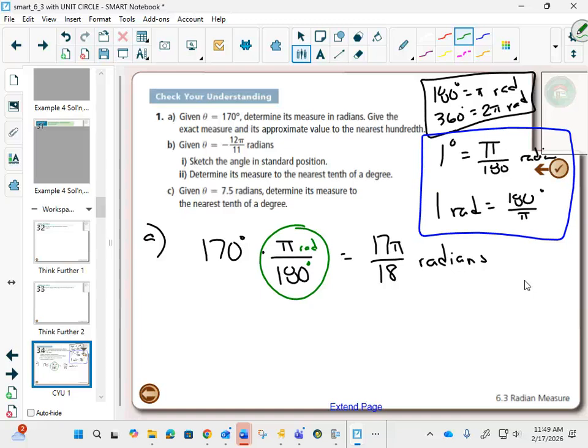If I have degrees and I want to change to radians, wouldn't my degree symbols have to cancel out? So I need the 180 on the bottom because it's the degrees measurement. My degrees cancel out and I'm left with radians as units. And that works for every single thing, right?